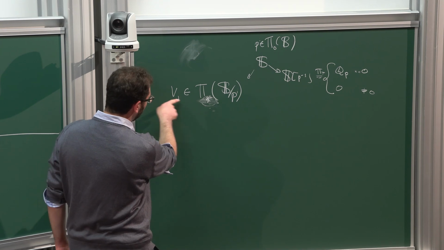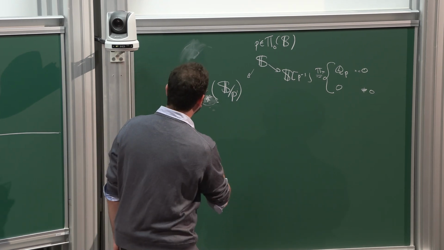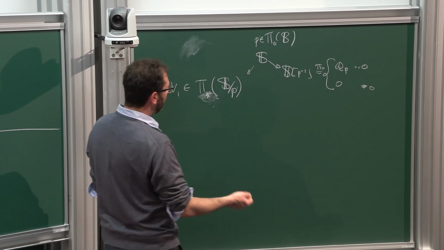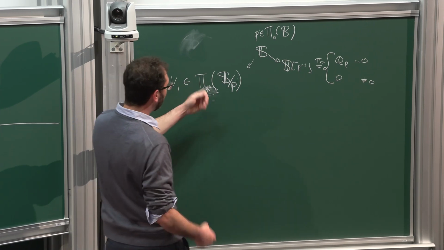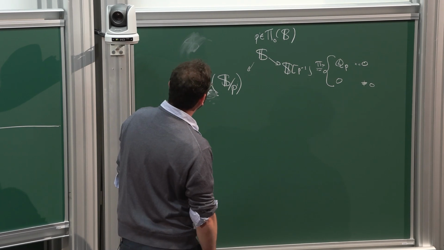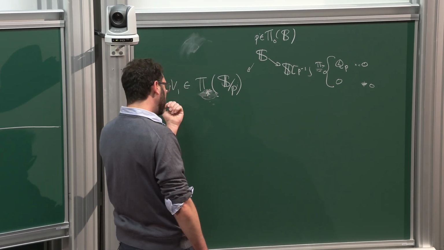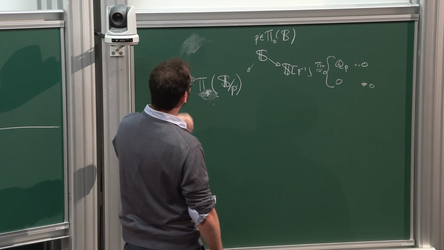And those elements, I said V1 is in degree 2P minus 2, and these elements in general don't necessarily exist in the canonical degree, maybe only a power of them exists. If I change this, then the degree in which they appear might change as well. Also, they're not unique, but they are unique up to some power.